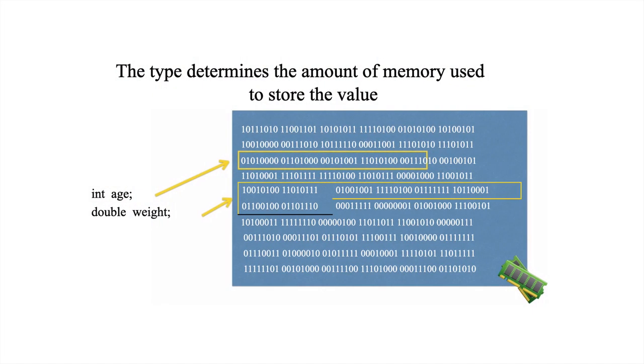The type determines the amount of memory used to store a value. For example, if you create a variable age, you define a type int. You create a variable weight, you define a type double. So you can see the difference between defining age and it gets this much memory, and if you define double, it gets a bit more memory in the location.